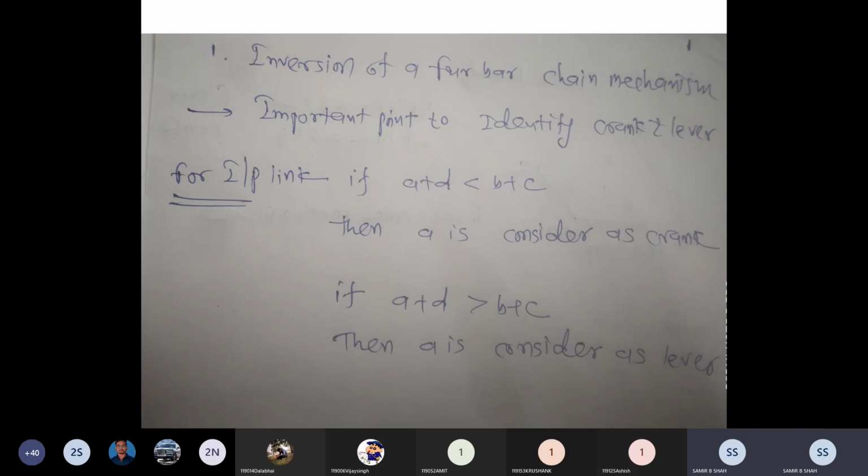We are focusing right now on the input link. Whenever we talk about the input link, you have to remember one thing initially: if A plus D is higher, then A is lever, and if it is lower, then it is crank. So either A is crank or it may be lever, depending on the summation of the first link and last link.